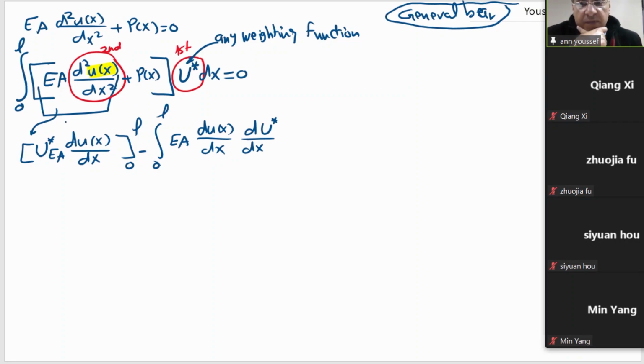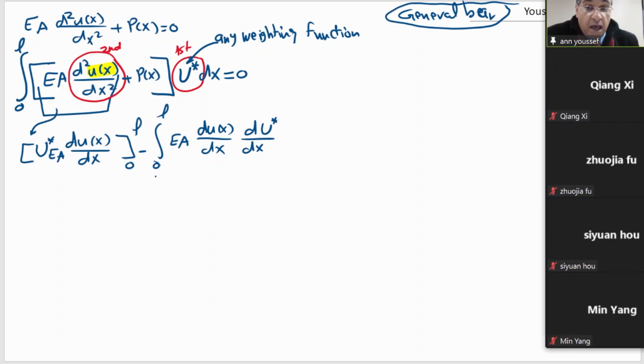So this is the first step. I removed one derivative from u and moved it to u asterisk.